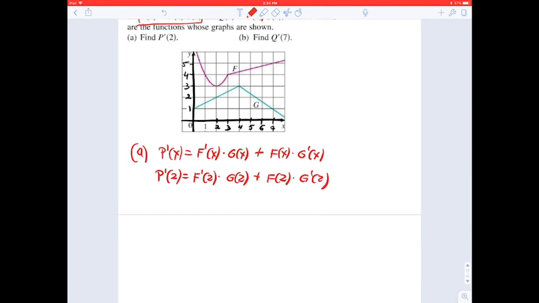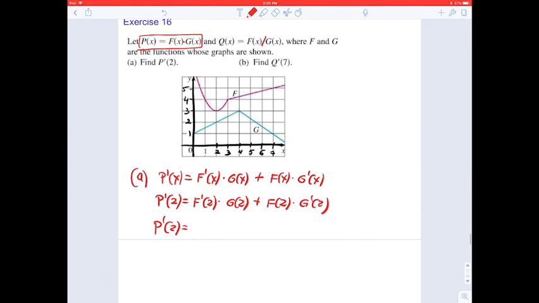Now we have to recover the values from the graph. I will need f prime at 2. F prime means the slope of the curve, or the slope of the tangent, at 2. That's the corresponding point on f, and if I draw a tangent, it will be horizontal. The slope is 0. That means this is 0.